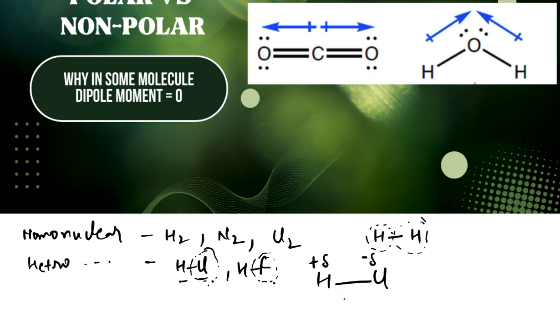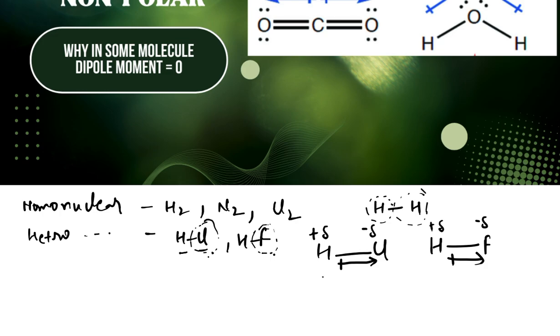From this point the dipole moment, or the polar nature, starts to appear, and we represent this with the help of an arrow with a tail, where the head points towards the more electronegative atom. The same goes for HF in every case. So this will acquire a little bit of negative charge, this a little bit of positive charge, and we can show it like this. This is a polar molecule, and this is also a polar molecule.